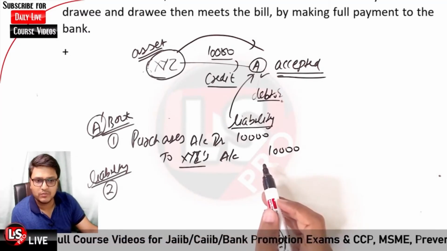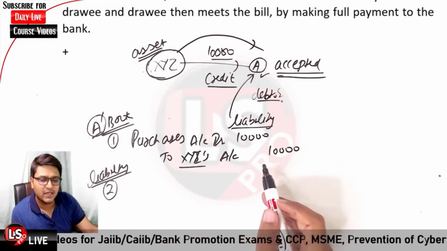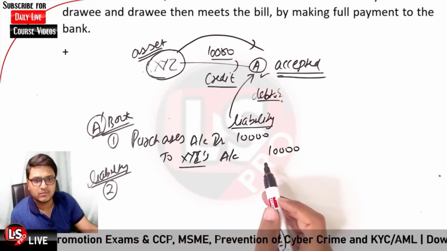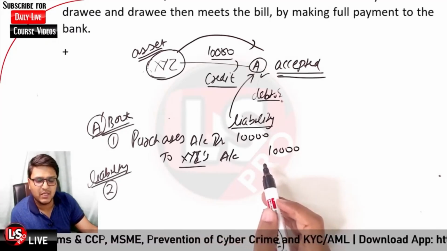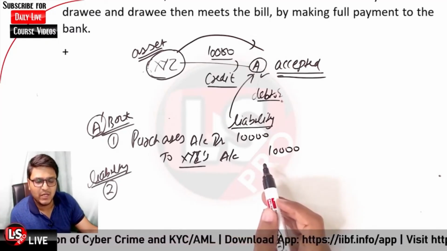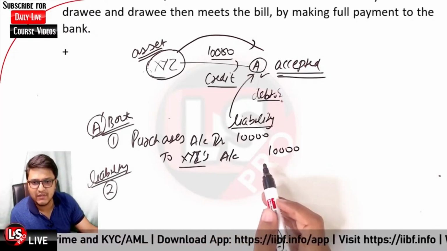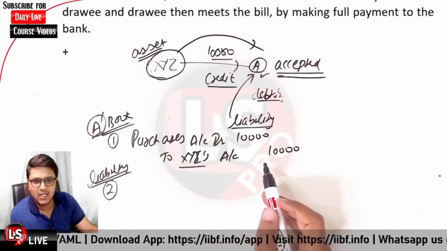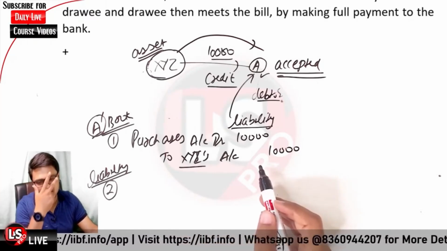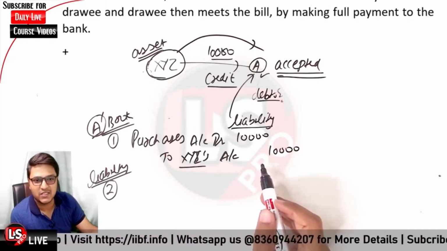Kindly please let me know. Over here, bills payable account is a liability. Liabilities are having what balance? Liabilities are having credit balance.